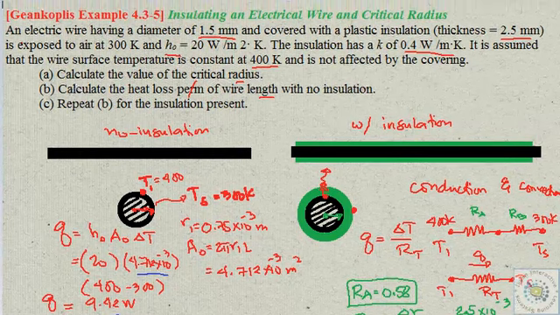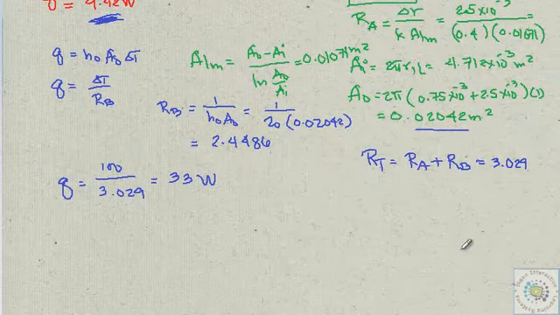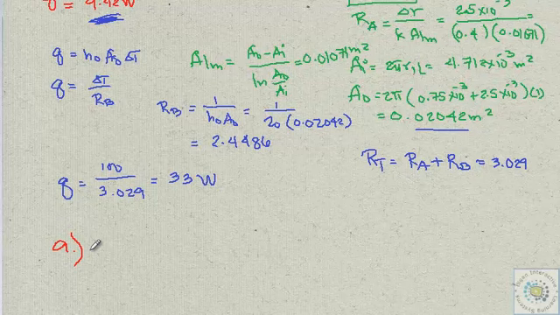Now, this is the time that we go back to the idea of calculating the critical radius. That's letter A. The critical radius r2, meaning the radius of the insulation, is given by the equation h_o over k. h_o is the convective heat transfer coefficient, normally of the air it is exposed to.